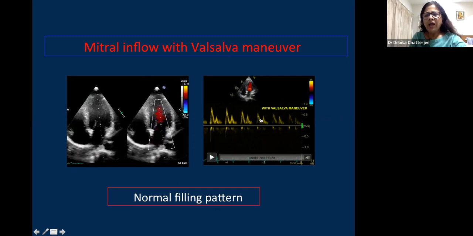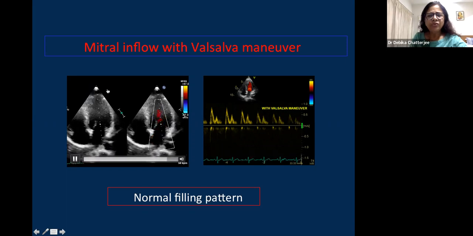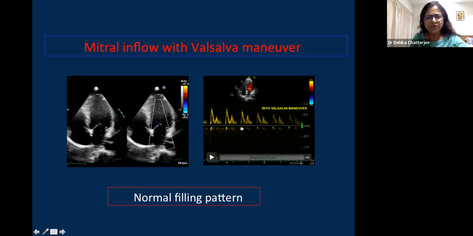Look, the velocity of both E and A waves are reduced, keeping the ratio the same. E is more than A, but the velocity of both E and A are reduced. So that particular normal patient with Valsalva maneuver showed this pattern.